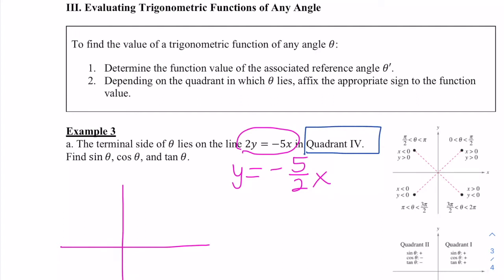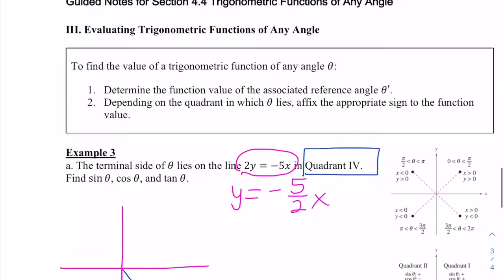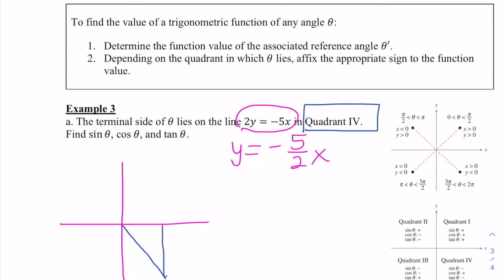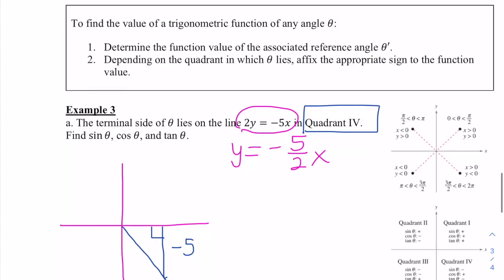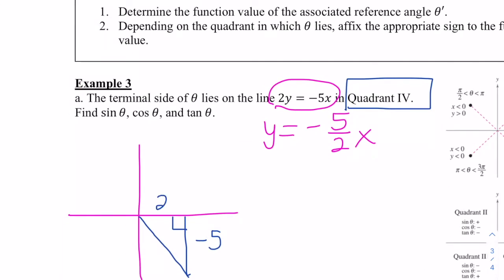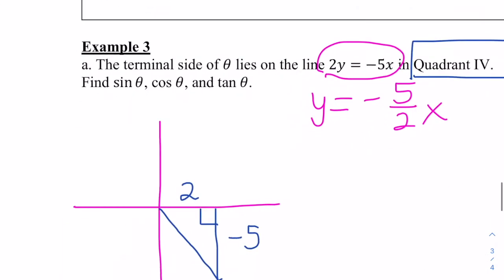So I really don't need to worry about quadrant 2. It's going to be down here in quadrant 4. So if the slope is negative 5 over 2, well, that's also telling us the ratio of the sides, and tangent would be negative 5 over 2.